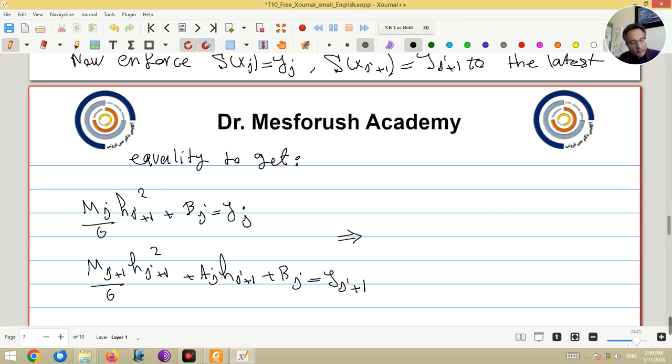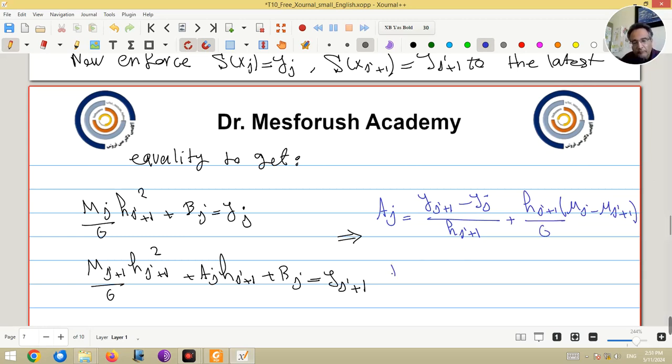Look, mj plus 1 and hj plus 1 are known, and we can find aj and bj as these two values. aj will be equal to (yj plus 1 minus yj) over hj plus 1 plus hj plus 1 times (mj minus mj plus 1) over 6, and also bj will be equal to yj minus mj hj plus 1 squared over 6.